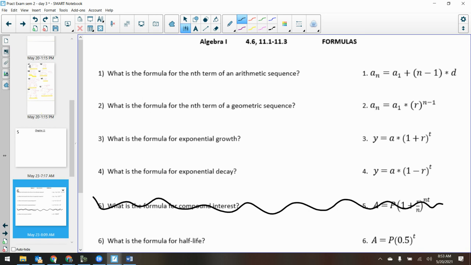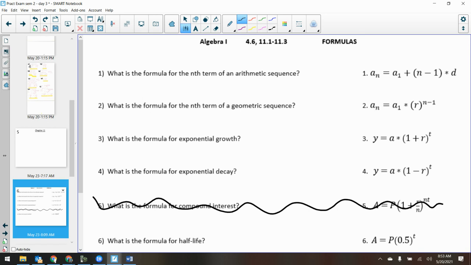And then half-life: A is equal to P times 0.5. All right, so these are all the equations that we learned in Chapter 11. This is what should be on your note card. Please, please, please put this on your note card, because it's going to be very important that you have these for yourself.